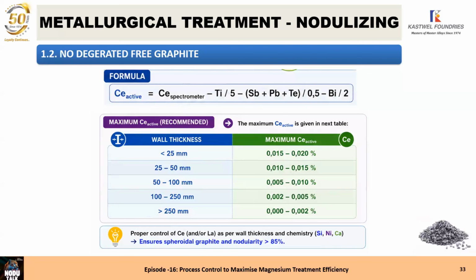You can see that the active cerium should be maximum 0.015 to 0.02 for up to 25 millimeters thickness. If you go to 250 millimeters, it's preferred to have no free cerium, and definitely even no cerium at all. That's much better for the very thick sections.